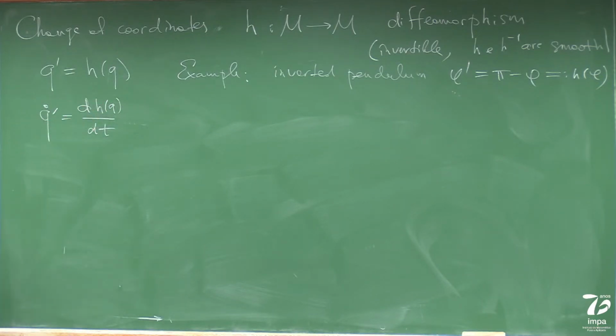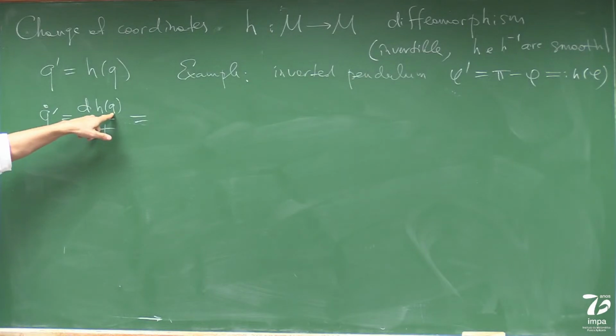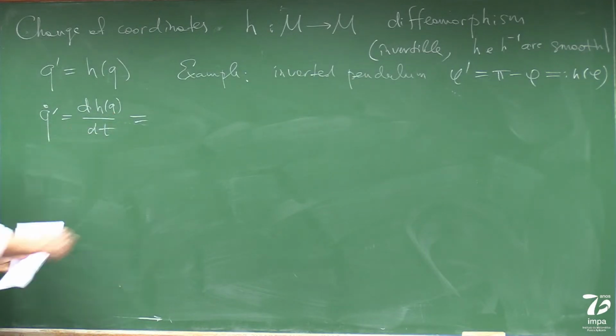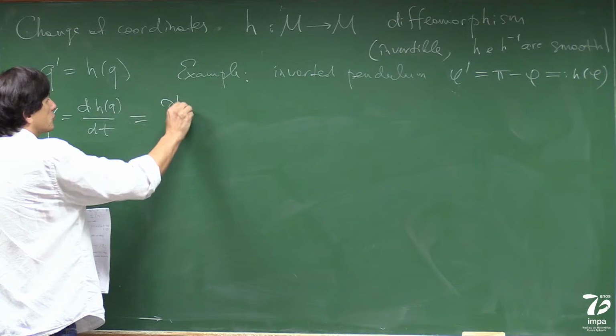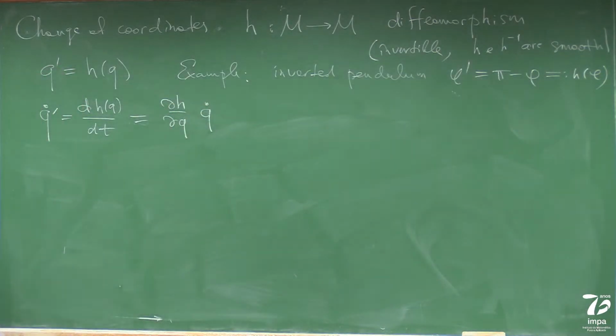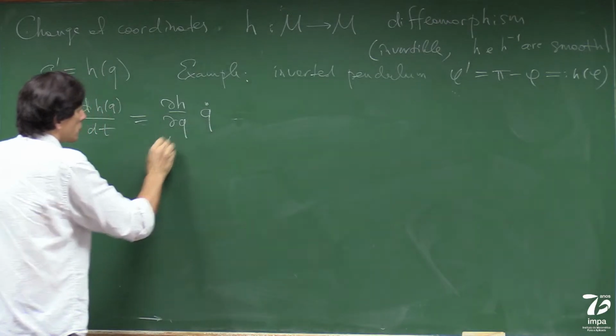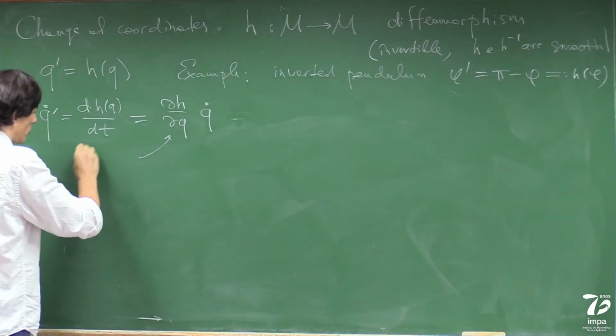Well, it's a chain rule. If q is just a real number, then it will be, as you remember, dh dq times q dot. But the same expression is correct in general if you think that this is a Jacobian matrix.